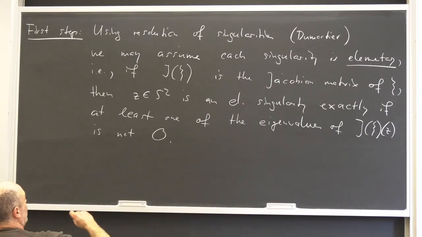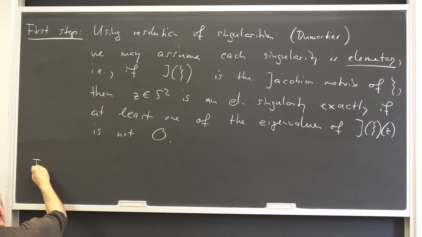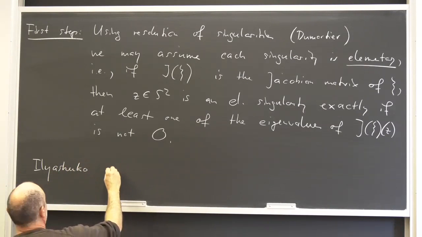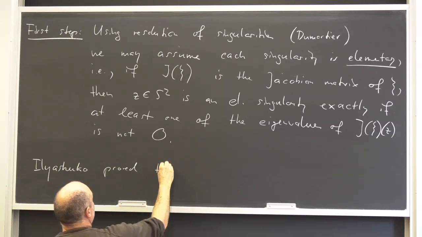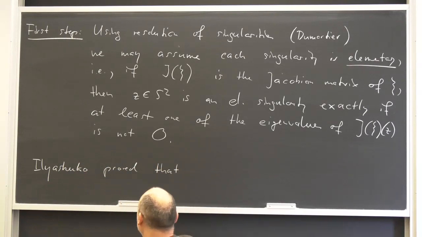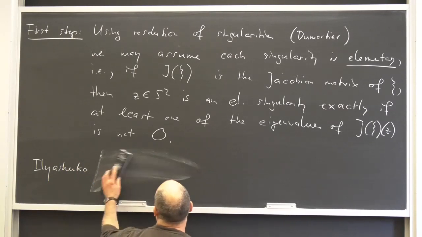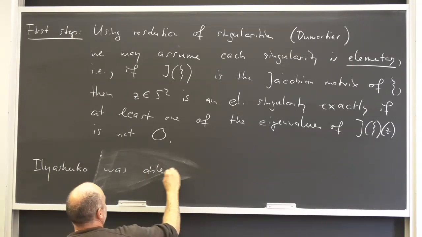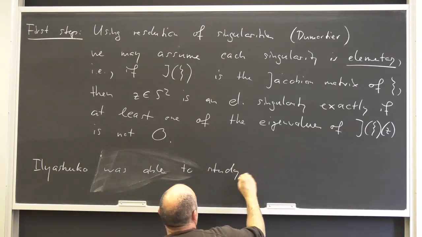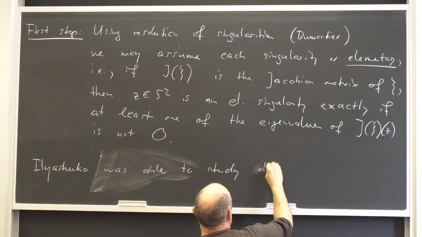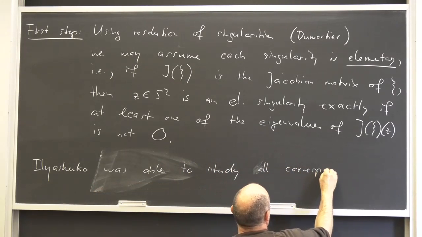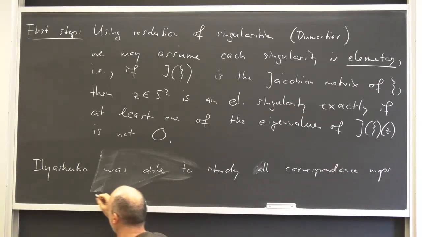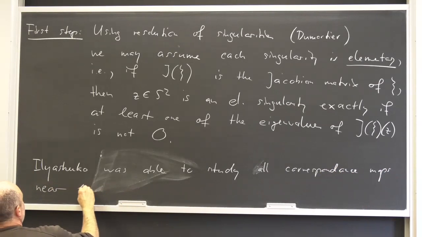Okay, so then the big step here is Ilyashenko. He proved that all, no, I'm not going to say what he proved, it's too complicated, he was able to study all correspondence maps near elementary singularities.